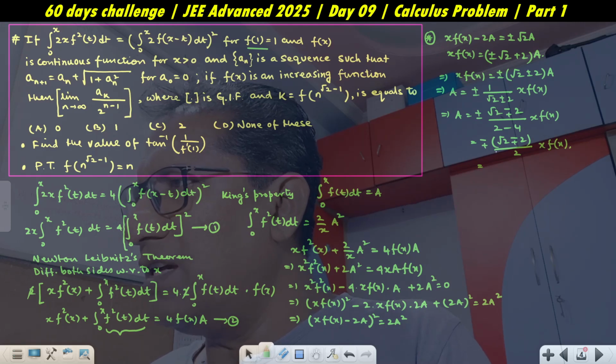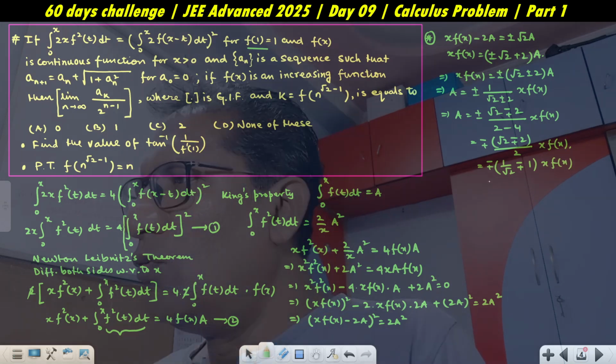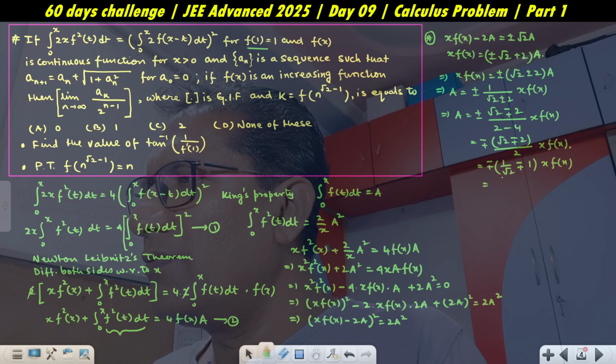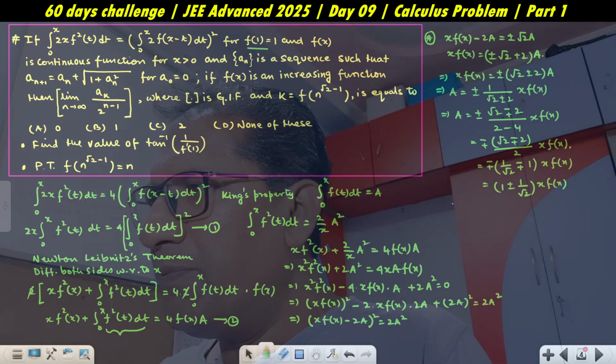That actually gives us 1 over root 2 minus plus 1 x f(x). Clear? Which is same as 1 plus minus 1 over root 2 x f(x). And what is the value of a?